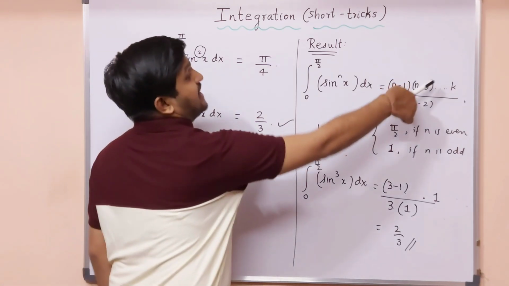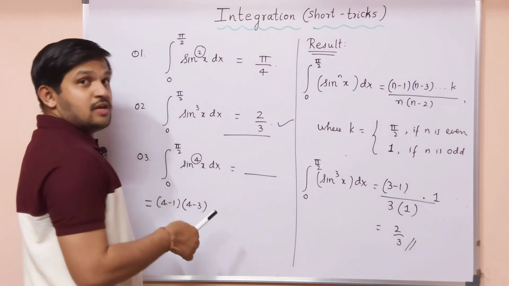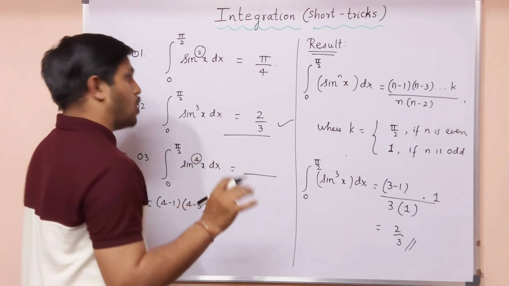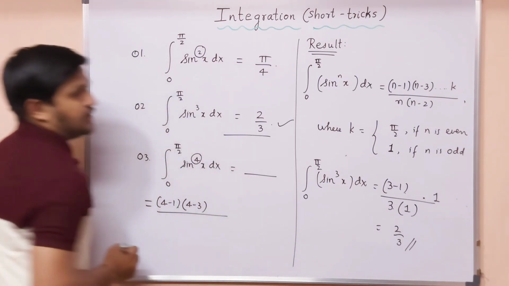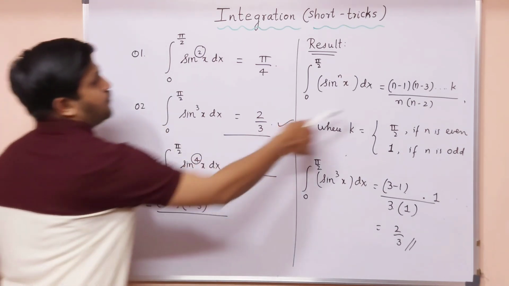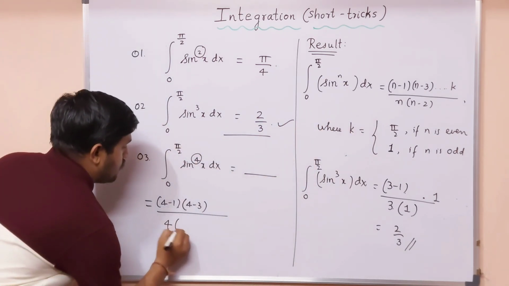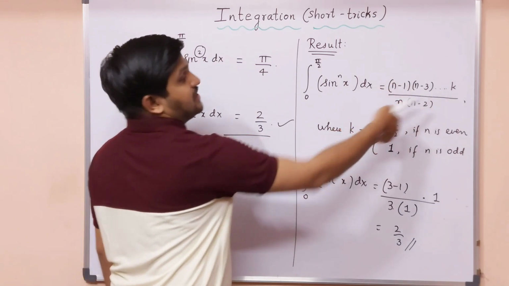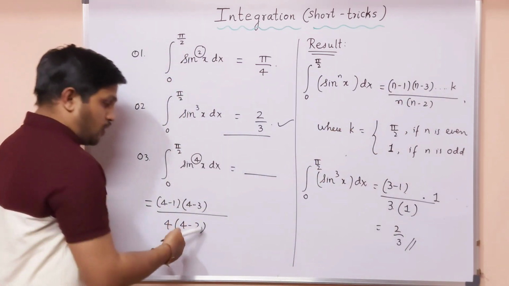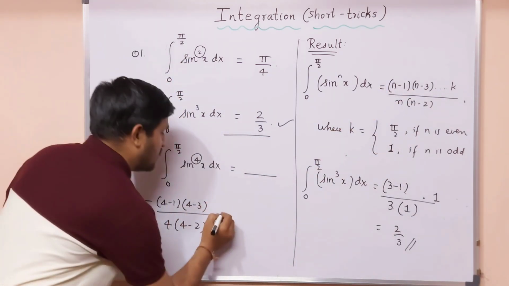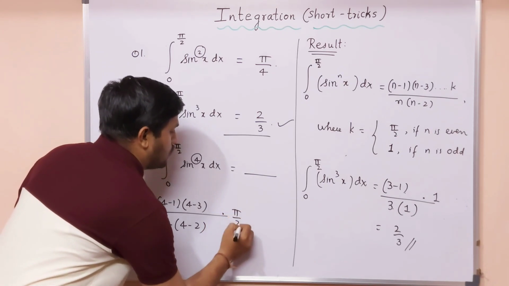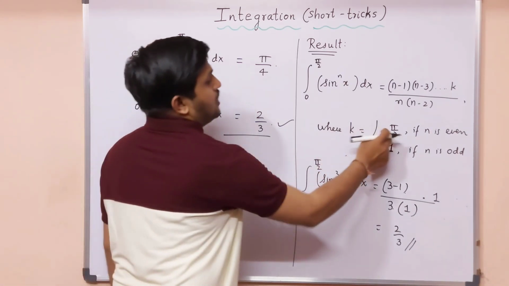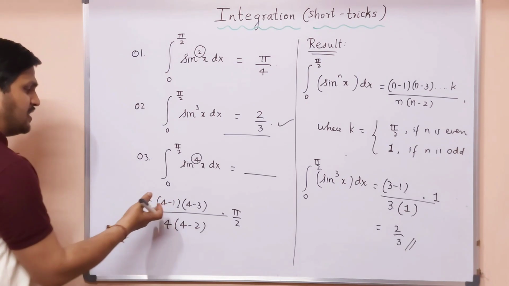If we consider the next number, 4 minus 5, it is negative, so do not consider that. For the denominator, 4, then 4 minus 2. If you consider the next, it will be 4 minus 4, which is 0, so don't consider it. Multiply with pi by 2, because if n is even, the value of k is pi by 2. Now simplify this.